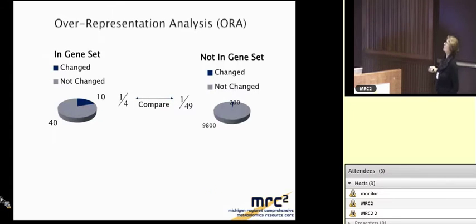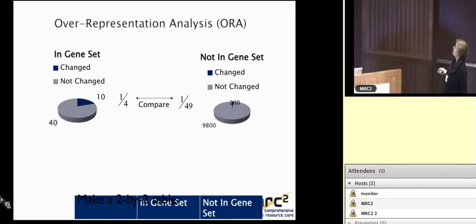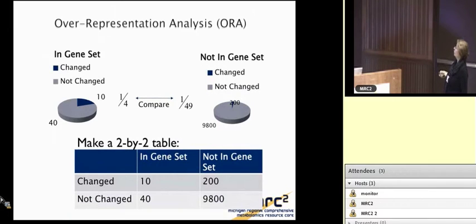This is a little bit closer look at overrepresentation analysis. The methods that are often used for that are something like Fisher's exact test, that was discussed in Shervin's lecture, I think, to some extent. So you have your genes or metabolites that are changing versus not changing.